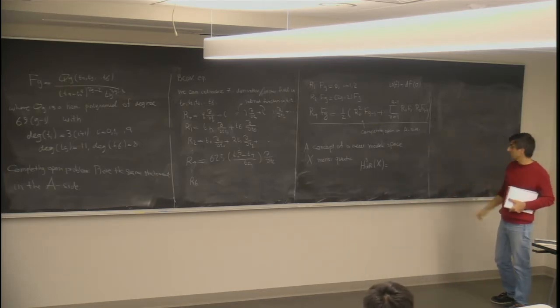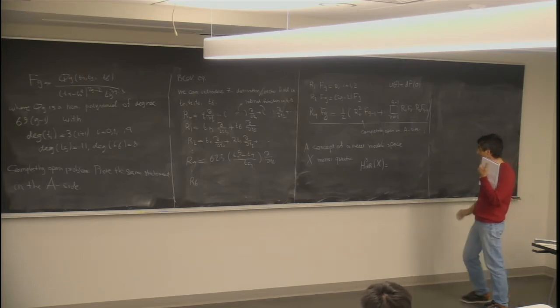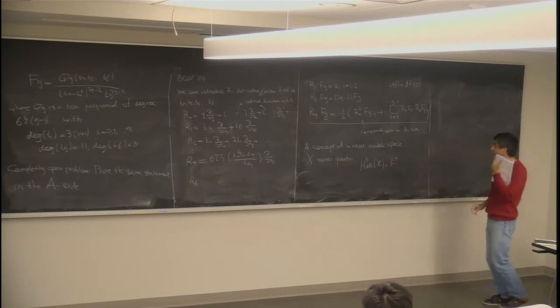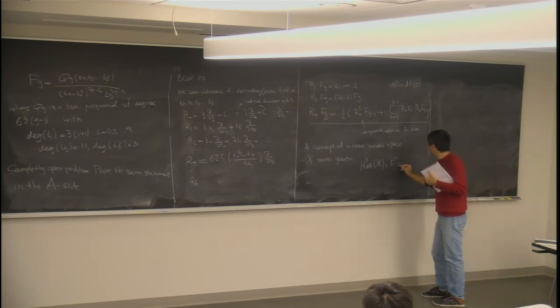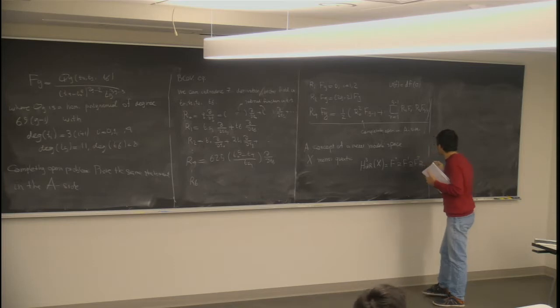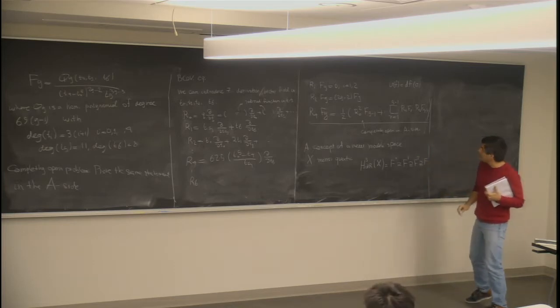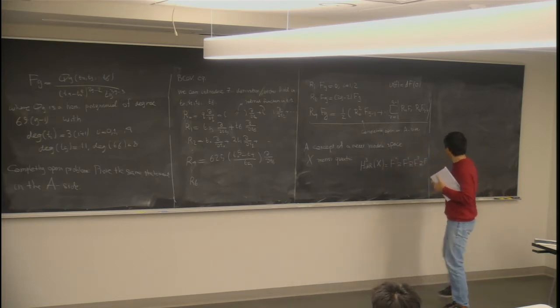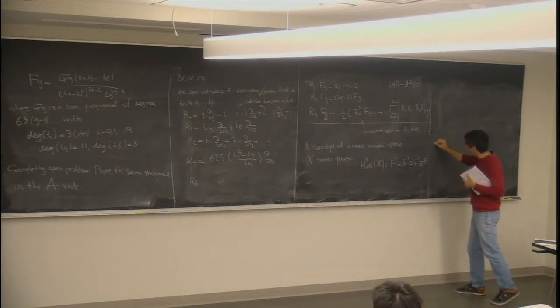So for example, in the complex context, we know that this has this Hodge decomposition: H^{3,0}, H^{2,1}, H^{1,2}, H^{0,3}. The Hodge decomposition is typical to complex geometry.